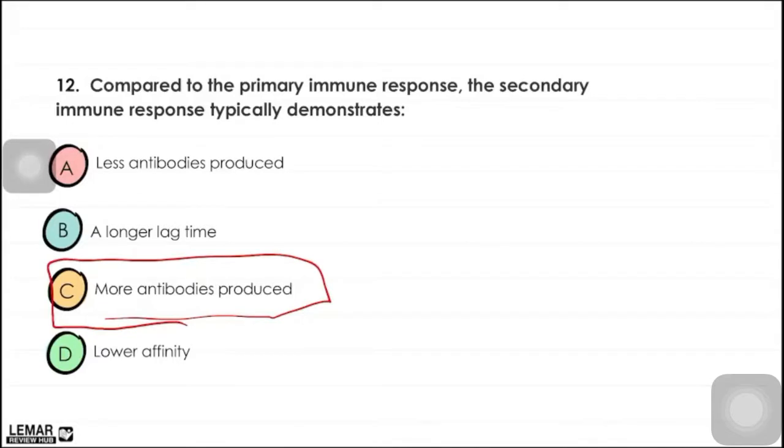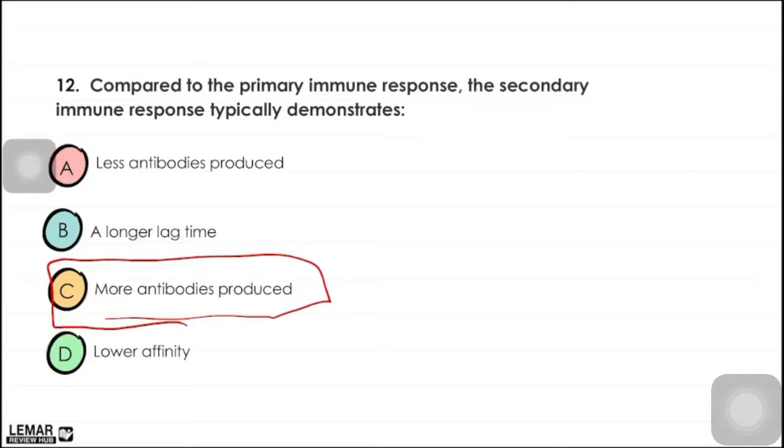The primary immune response typically presents with the generation of fewer antibodies as compared to the secondary immune response. The secondary immune response presents with a shorter lag time as compared to the primary immune response. Secondary immune response typically presents with antibodies that have higher affinity as compared to those from the primary immune response.